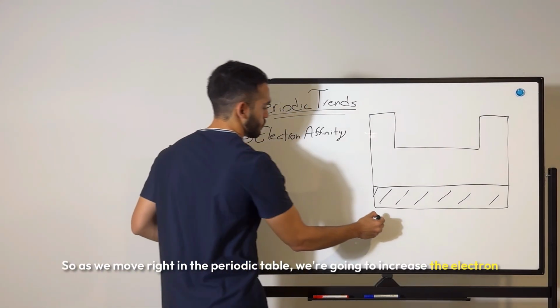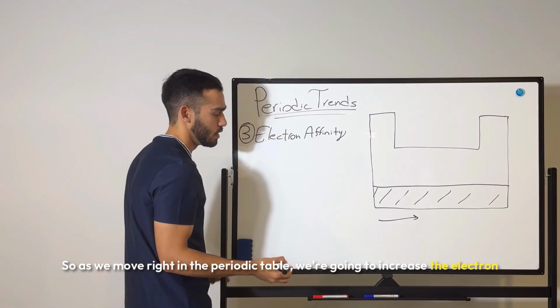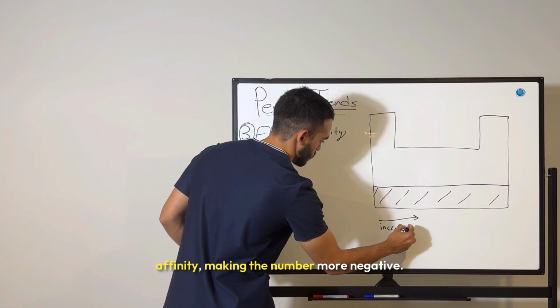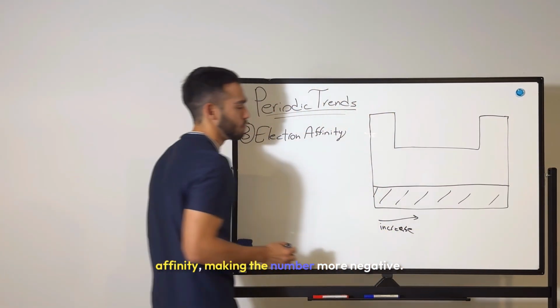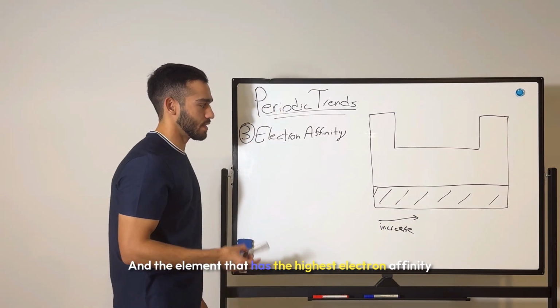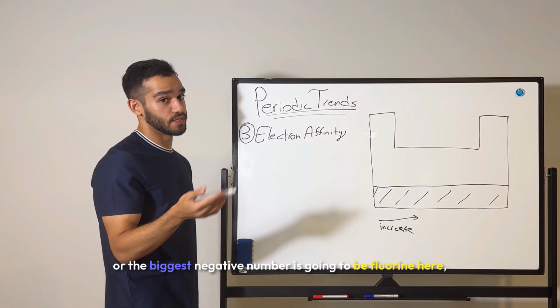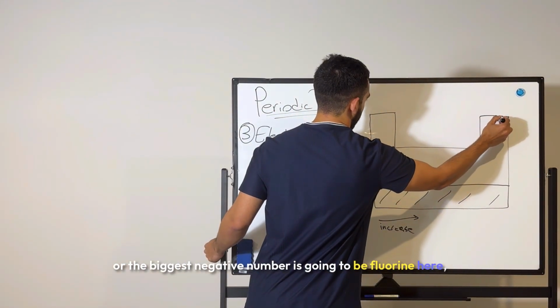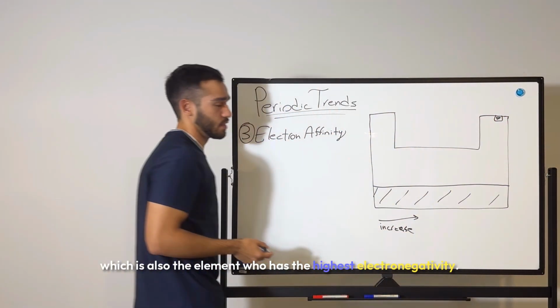So as we move right in the periodic table, we're going to increase the electron affinity, making the number more negative. And the element that has the highest electron affinity or the biggest negative number is going to be fluorine here, which is also the element that has the highest electronegativity.